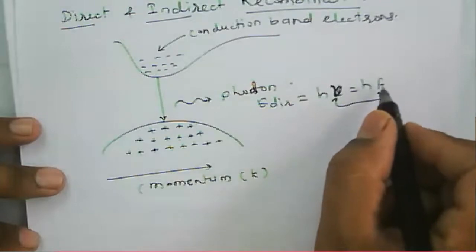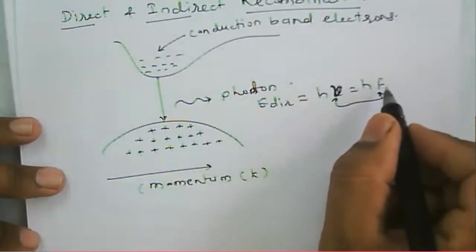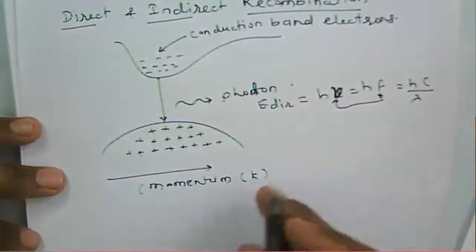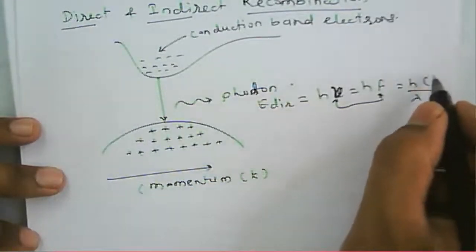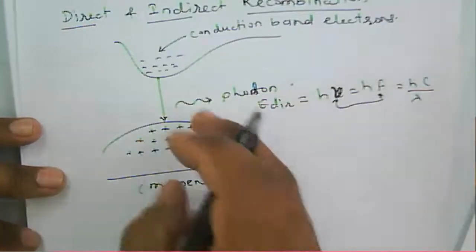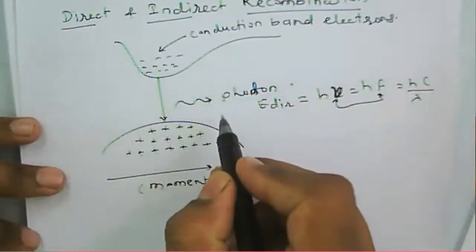So hf is equal to, f is equal to c by lambda. H is a Planck constant, c is 3 into 10 power 8, the light velocity, and lambda is the emission wavelength for this given photon.